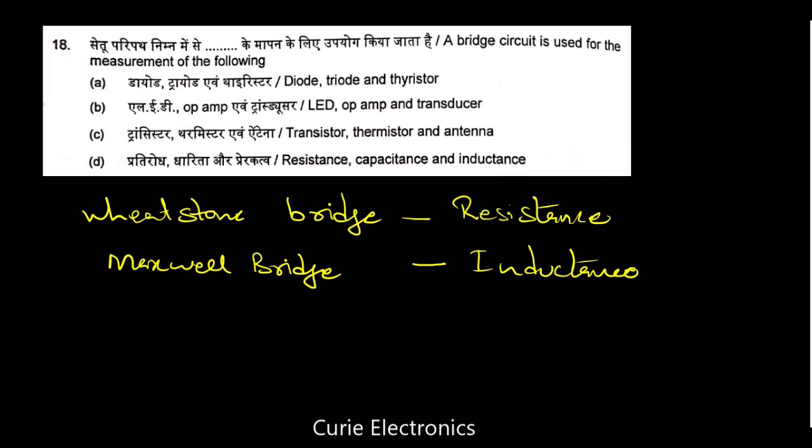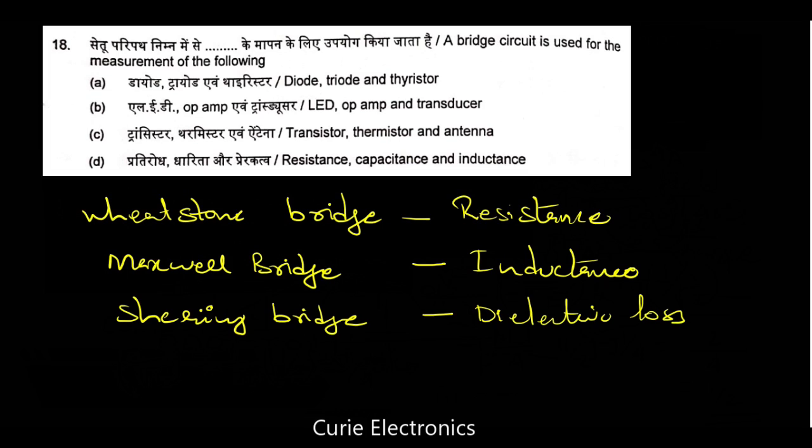Then what about Schering bridge? We use it to measure dielectric loss. So now come back to the question. A bridge circuit is used for the measurement of resistance, capacitance and inductance. Option D is the right answer.